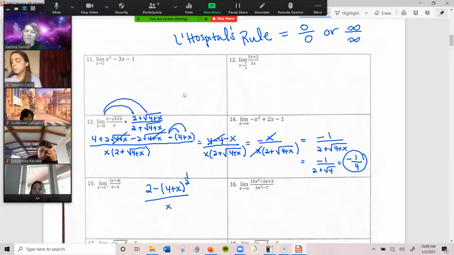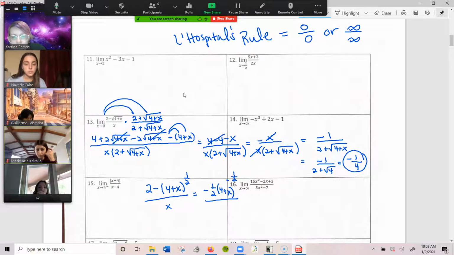You literally find the derivative of the numerator and put it over the derivative of the denominator. The derivative of the numerator is 0 minus 1/2 times (4 plus x) to the negative 1/2 times the derivative of the inside, which is just 1. And it's over the derivative of x, which is 1.